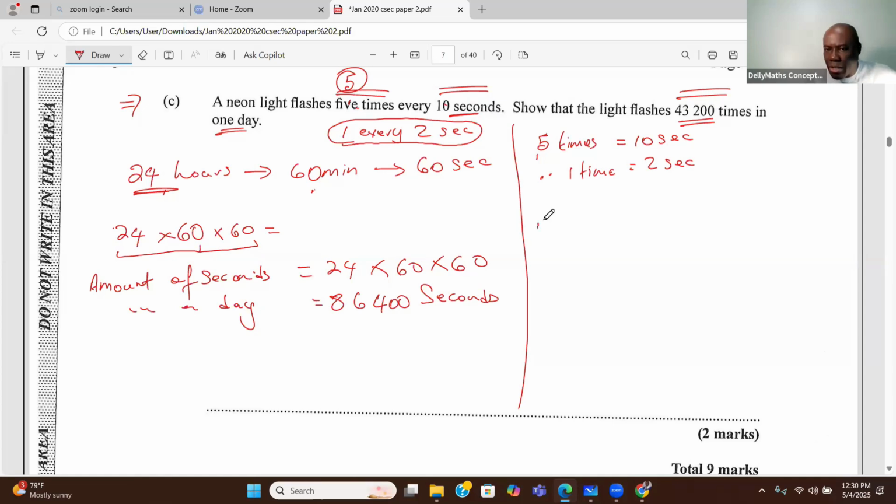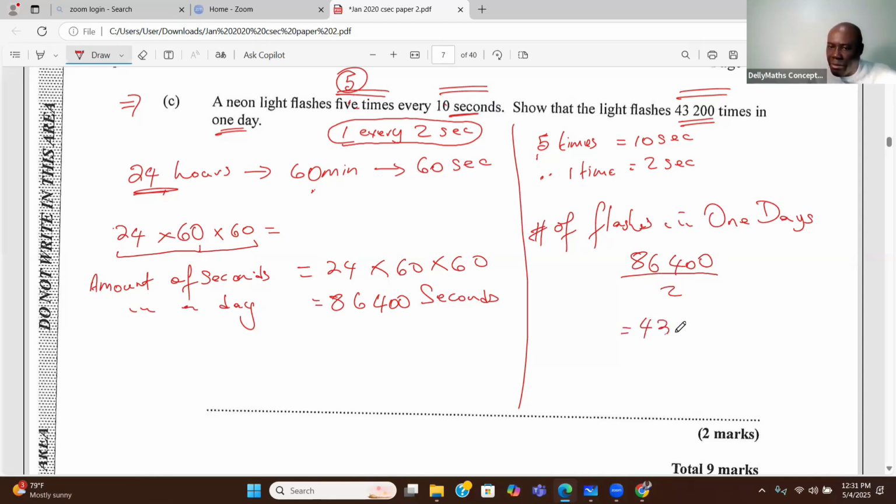So the number of flashes in 1 day is to take the amount of seconds that you have in 1 day and divide it by 2, because every 2 seconds it flashes. And it's going to tell you that it's going to flash 43,200 times.